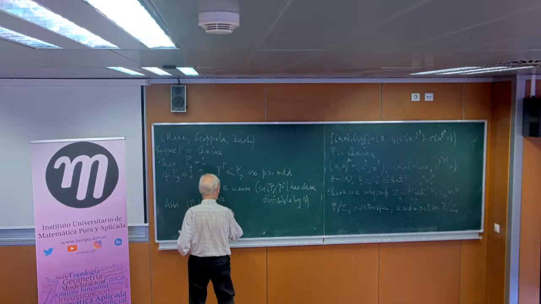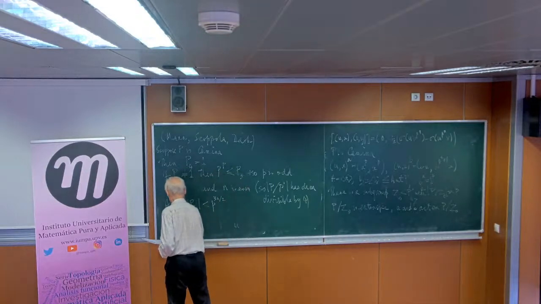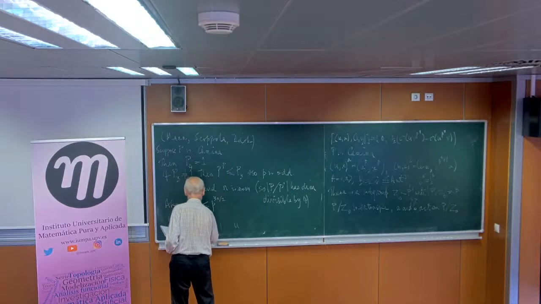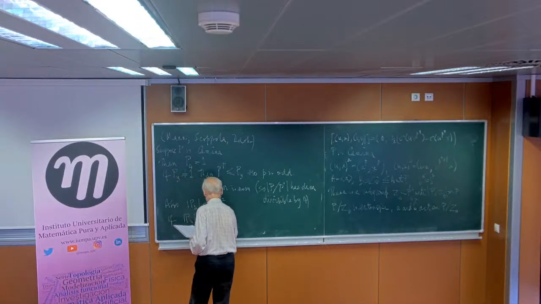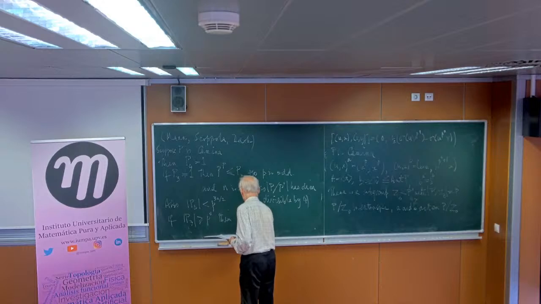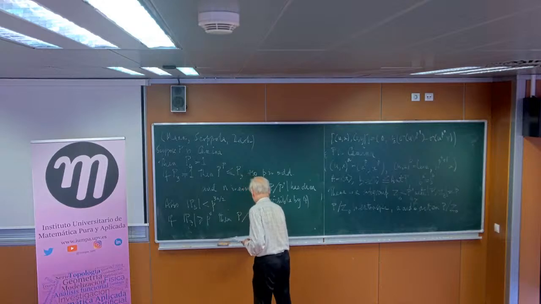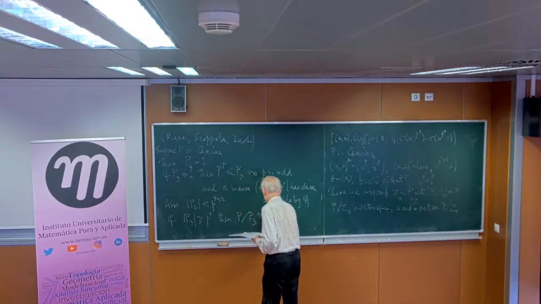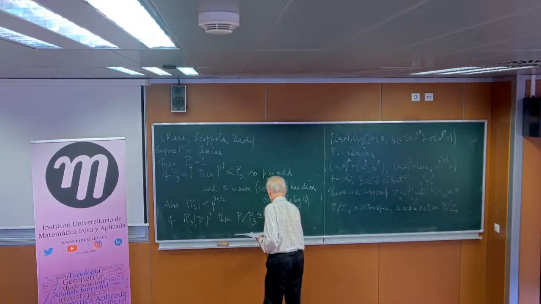And if P3 is bigger than or equal to P to the n, then P over P3 is actually isomorphic to this group PF.